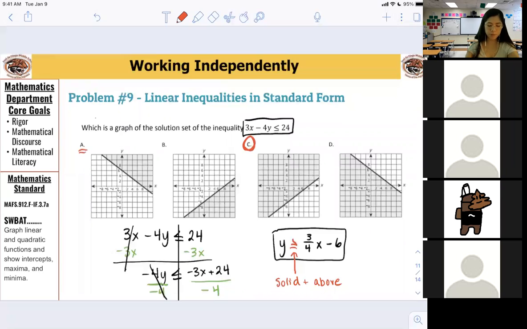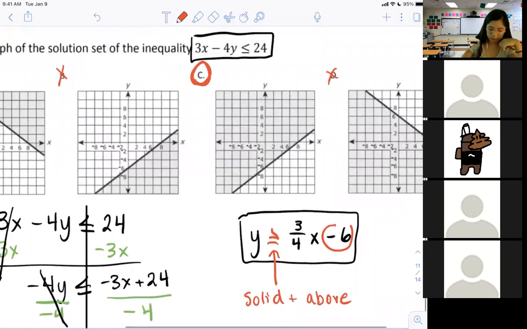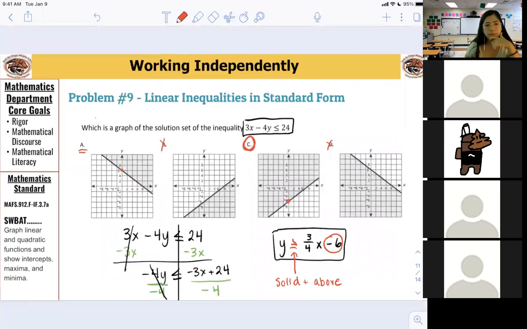So how did you choose between A and C? For the y-axis, it was not on the -6, so you could already tell by that. We were looking for one with the y-intercept at -6, which works out for C, but does not work out for A. What else could you have used?